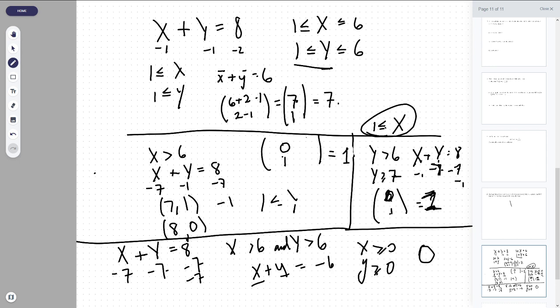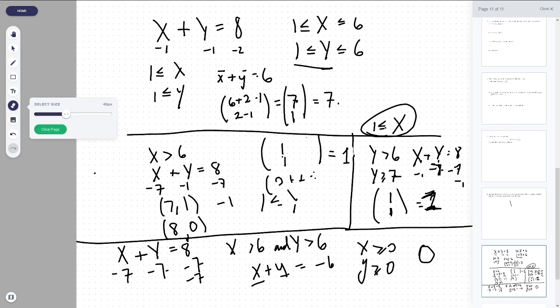So what we have to do now is, actually, it's not 0 choose 1, it's just 1 choose 1. Let me be more careful about this. So it's going to be 0 plus 2 minus 1.